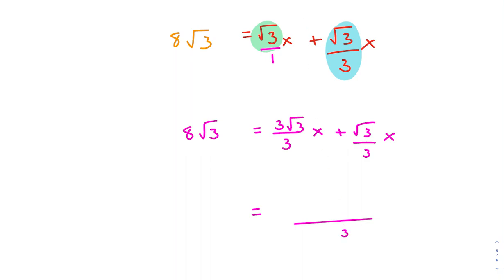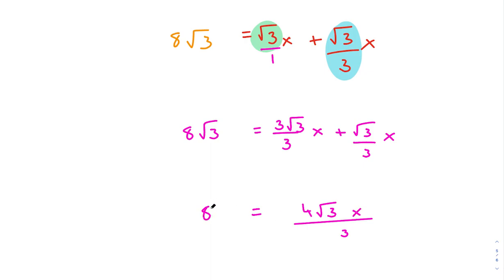Now, they've got the same denominator, so I know that they're going to add together. But what I have is 3 root 3's, and I have 1 of the root 3's. So 3 root 3 and 1 root 3 is 4 root 3's, and they're both x's. So it's going to be 4 root 3x.